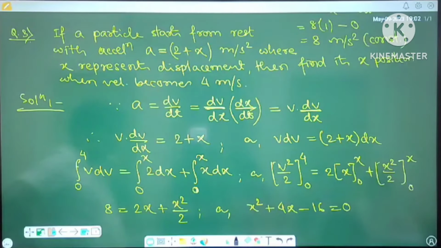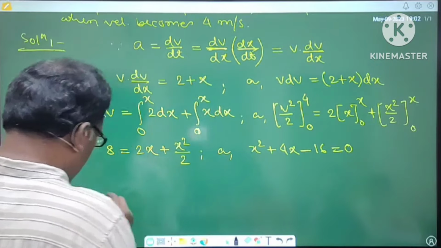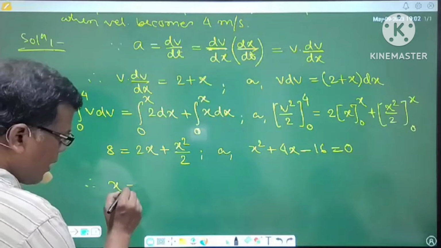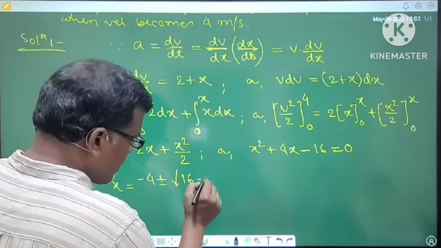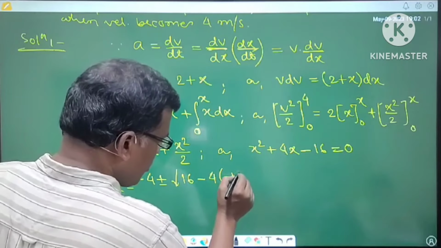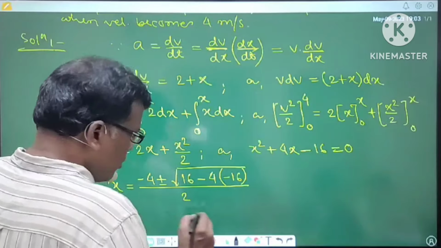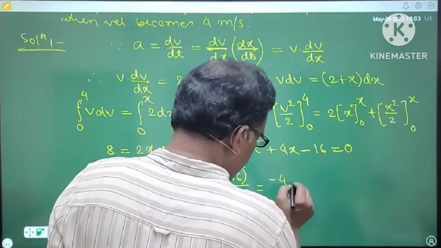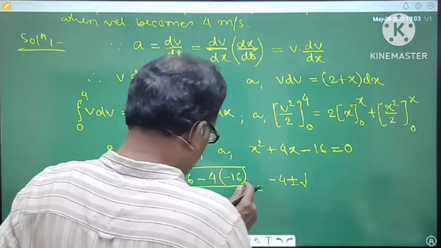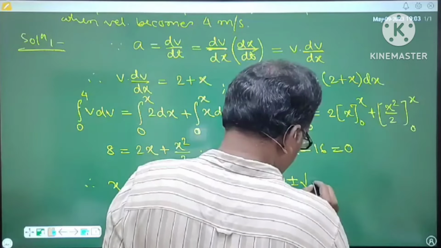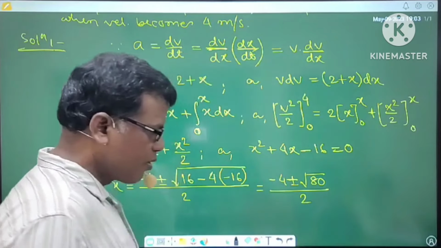তাই তো? তাহলে এটা quadratic হয়ে গেল, so we know how to solve quadratic. So we can write down x, that is minus 4 plus minus root under 16 minus 4a into c divided by 2a. So it will be minus 4 plus minus under root of 5 into 16, that is 80 by 2, that is 4 root 5.